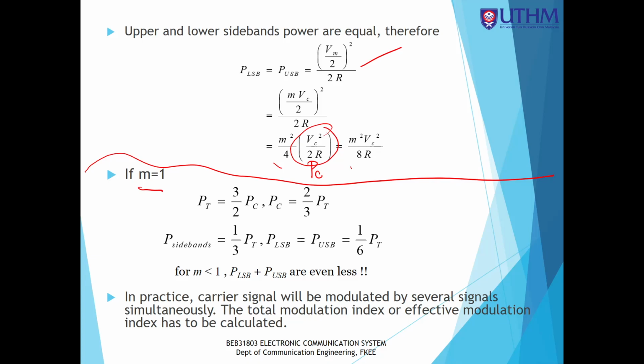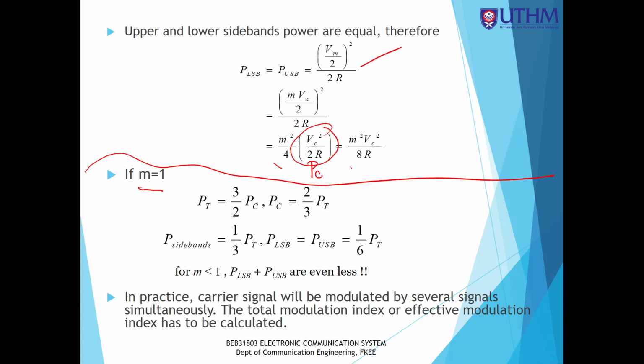Therefore, P lower sideband equals P upper sideband, because it is the same height, amplitudenya sama, so the power will be the same. So we divide by 2, kita bahagikan dengan 2. So 1 over 3 divided by 2, we get 1 over 6.